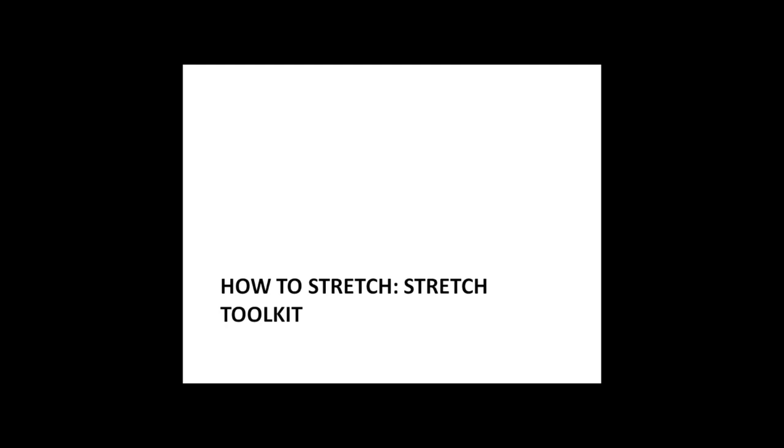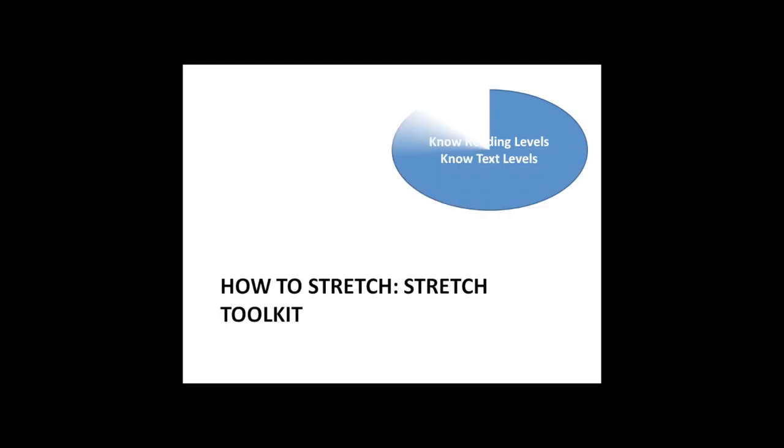When you think about how to stretch kids, you want to have some basic things in place. One of those things is knowing reading levels and knowing text levels. That seems like one of the most obvious things to tell people, but very frankly, it's not uncommon for me to work with a group of third, fourth, or fifth grade teachers and ask, how do you know the kids' reading levels?